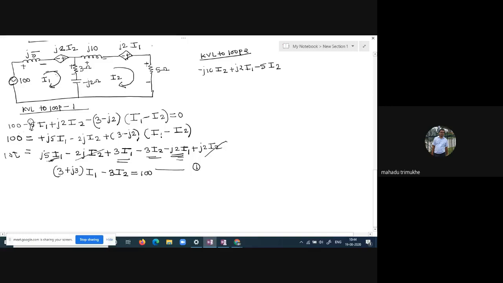Again, here positive, negative from 3 ohm, then we'll take minus. Again the same thing we'll do here: 3 minus J2 times I2 minus I1.